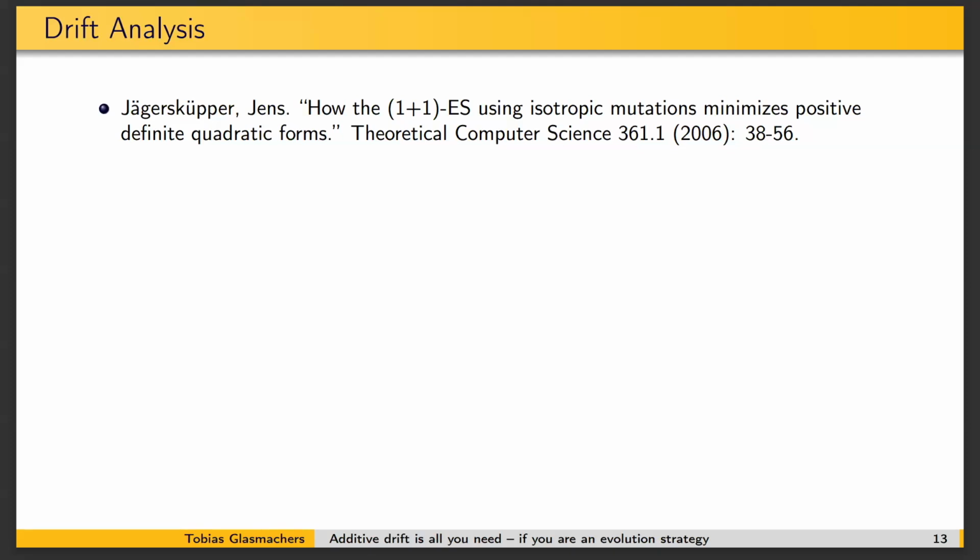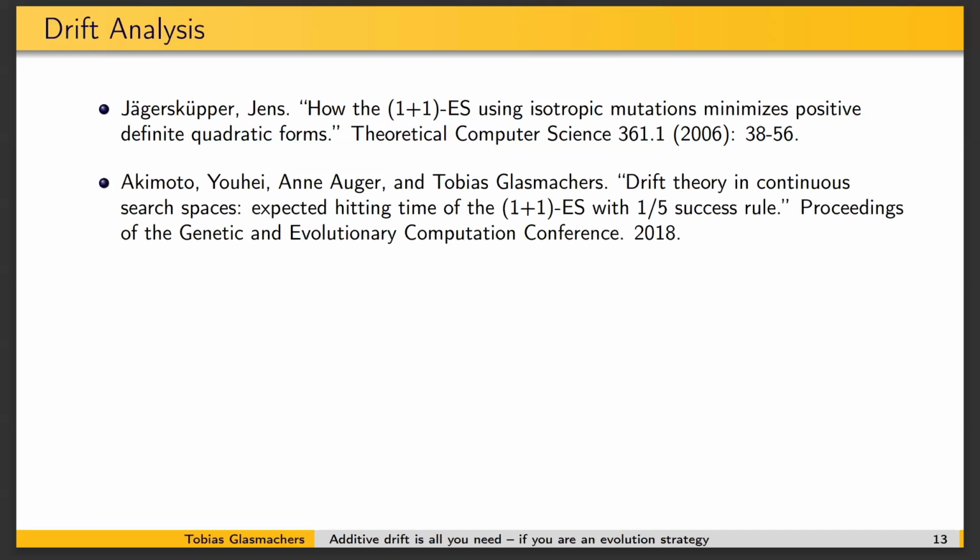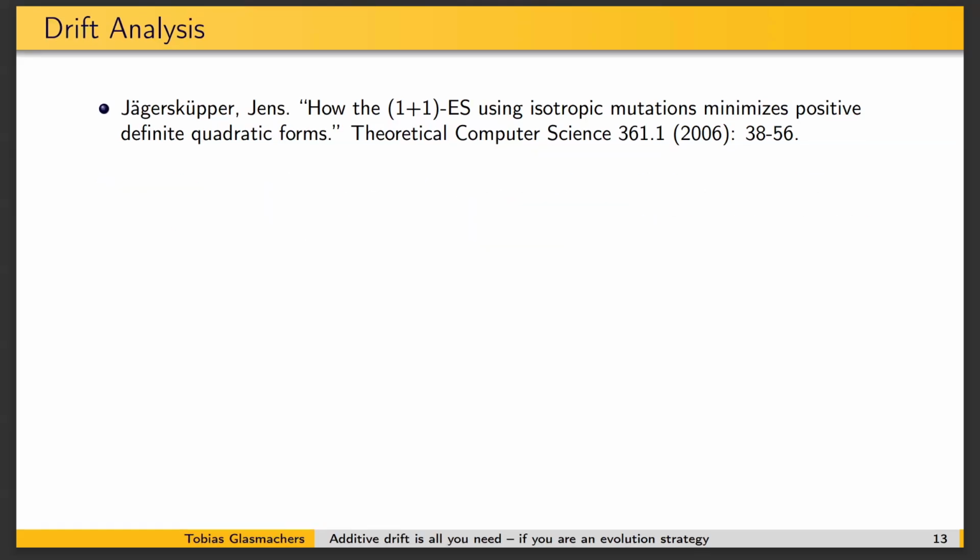He had analysis showing the correct dependency of the runtime on the problem dimension and also on the problem instance, in the sense of looking at the conditioning number of the Hessian, so how elongated the ellipse is. If you look at his proofs, you have to read between the lines, and then you will find some drift arguments. It's not explicit. It wasn't really well developed at the time in this community.